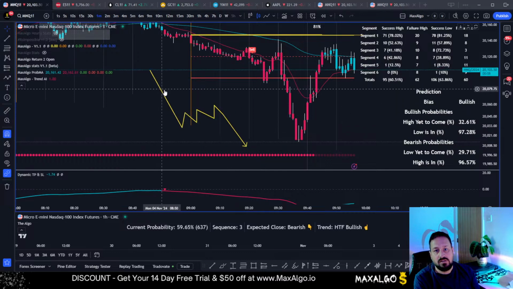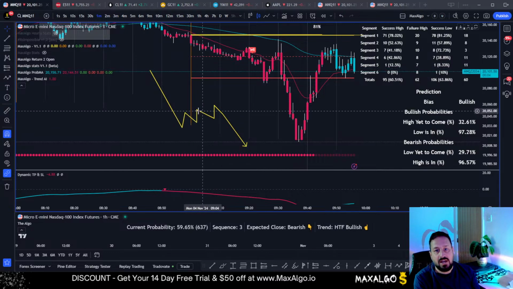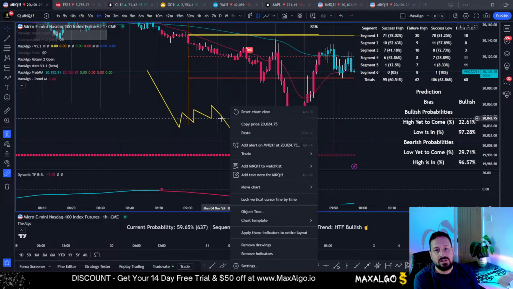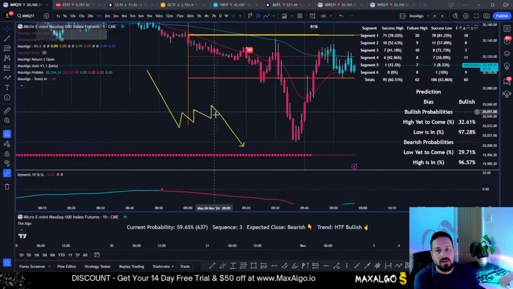So the algo has gone bearish, now we're corrective bearish. I have two options. I can either go bullish or I can go bearish. So at some point the algo will go, now we're starting to change bearish, now we're in a sequence 1, 2, 3. When you're in a corrective phase, that's your point of where we're going to go.